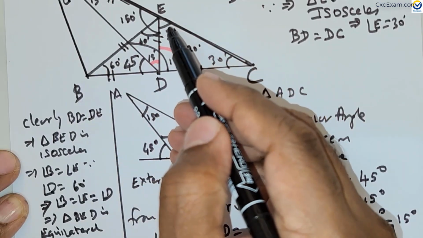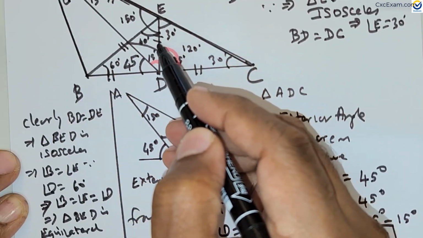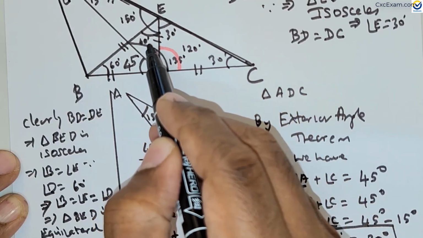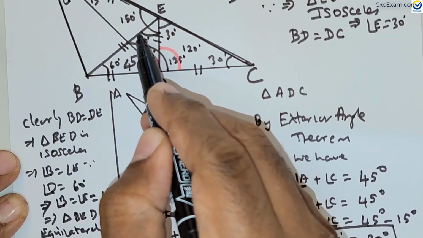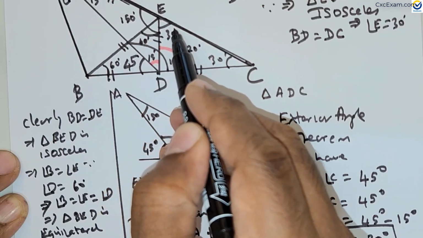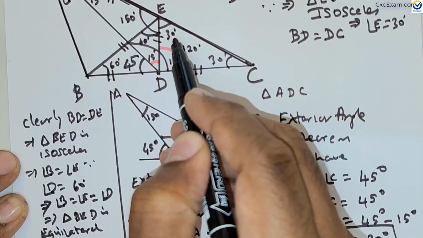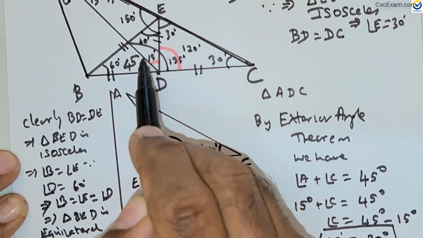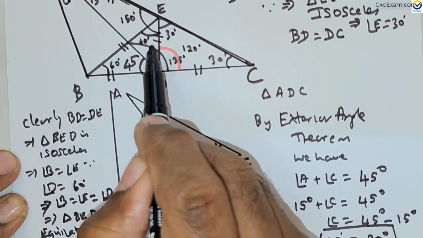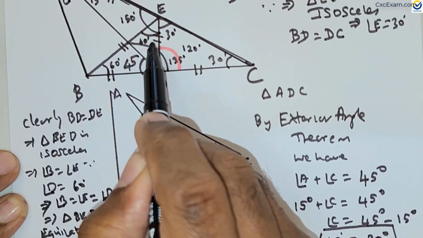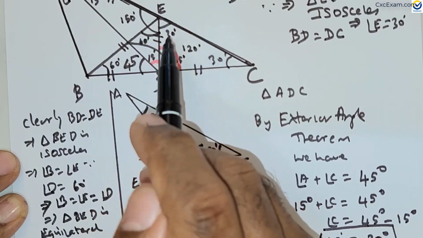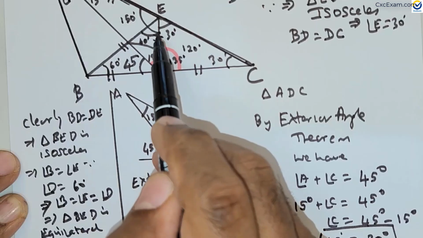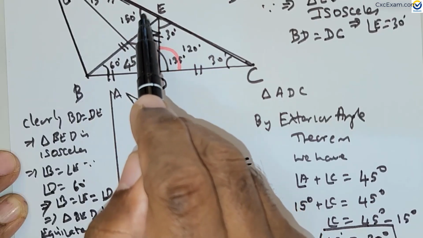Now this is already given here as 60, right? So this angle and this angle is 60 and 90. What I need to do is get this portion.